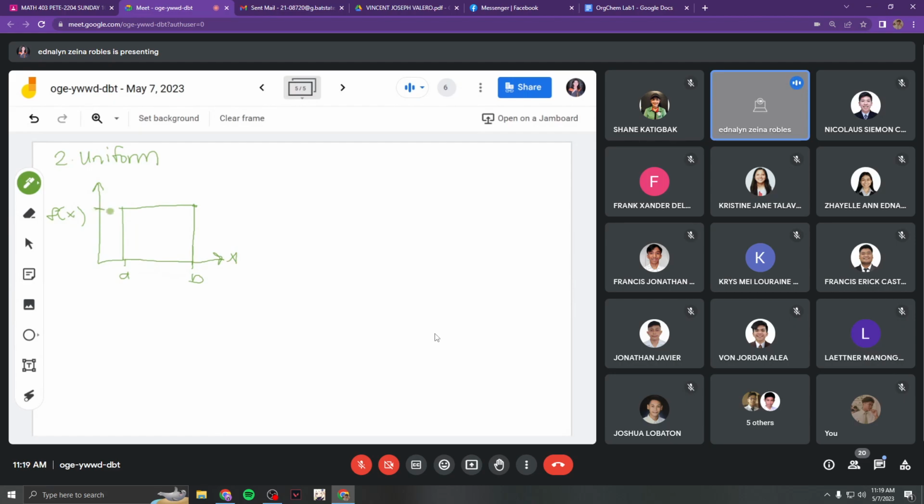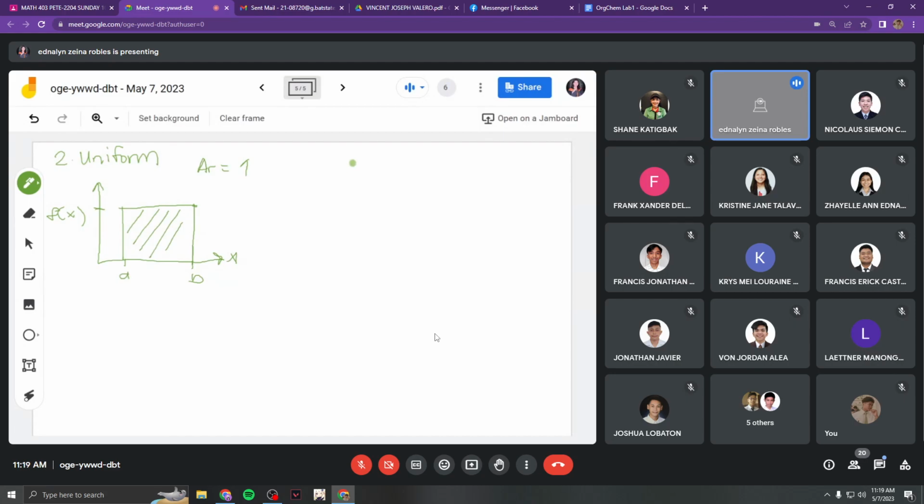Let me repeat. In uniform continuous probability, just like in discrete uniform probability, f of x values remain constant throughout the range starting from point A to point B. And remember that the area of this rectangle we form is equal to 1. So the area of this is equal to 1.